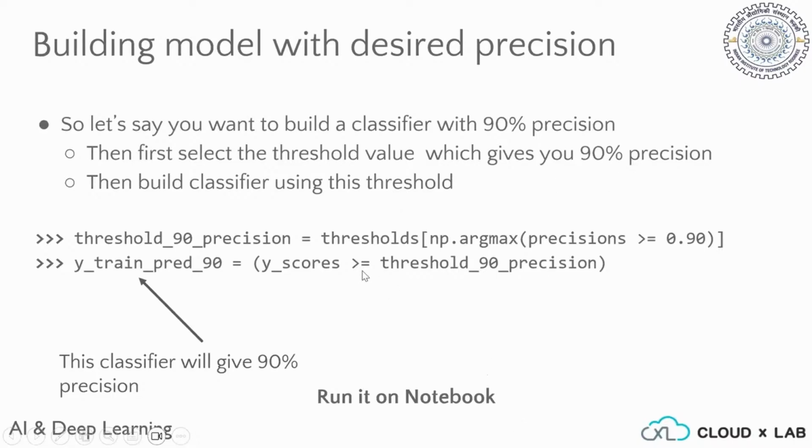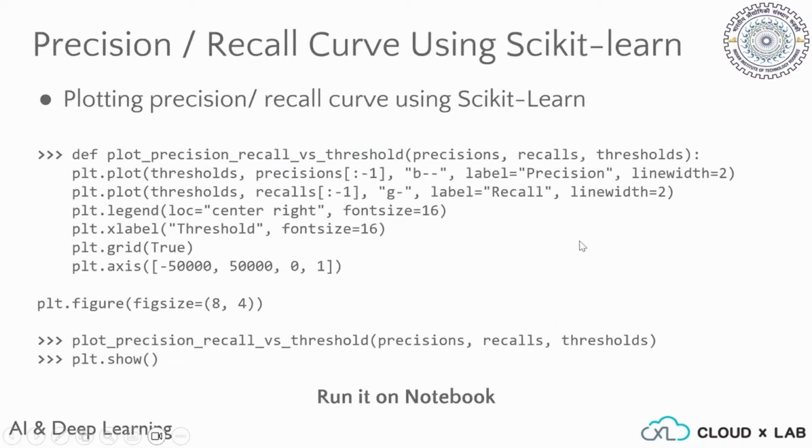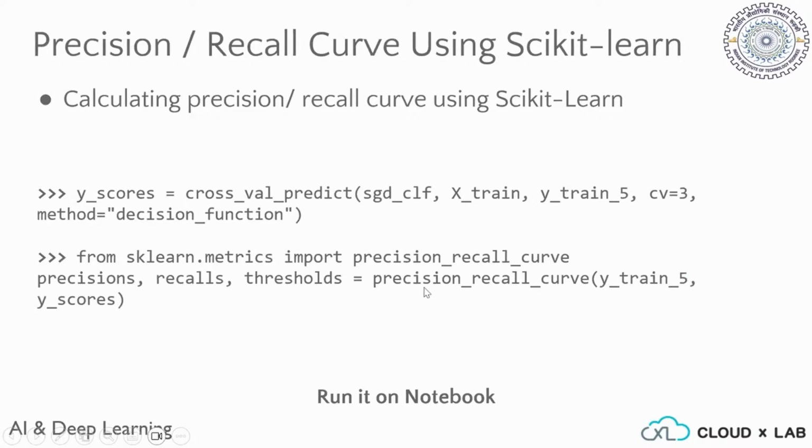Okay. So for that, what we can do here, we can write precision, right? Because if you call this function precision_recall_curve, we will get three vectors: one vector of precisions, one vector of recall, and one vector of thresholds.